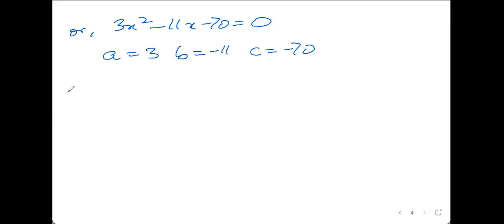We have to find m and n, or p or q, not alpha and beta. We have to split this minus 11 into two parts, such that their sum is minus 11, and the product is how much? Calculate and tell. What product do we need? We have to factorize minus 210 such that the sum of the factors is minus 11.